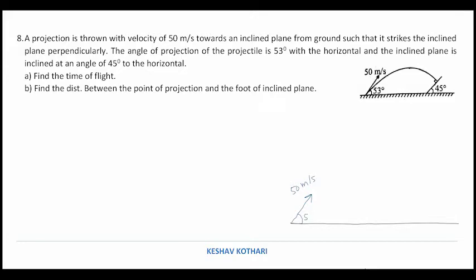So if I break the component, then this component will become 50 cos 53 degree, that is 30 meter per second, and the component along y-axis becomes 50 sin 53 degree, that is 40 meter per second.